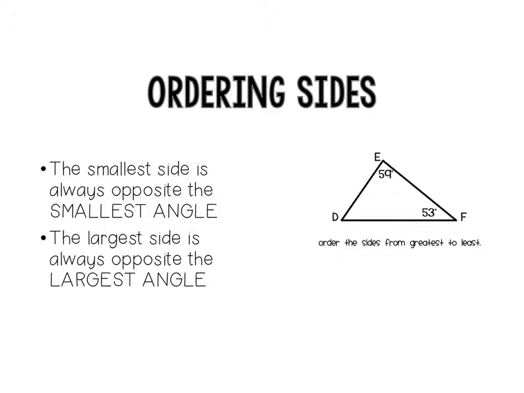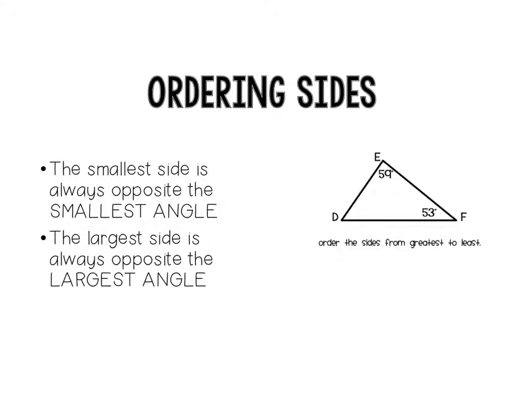Now ordering sides, we're just going to do the flip side of that. The smallest side is always opposite the smallest angle. The largest side is always opposite the largest angle. Now before we can figure this one out, we're going to have to find that third angle.